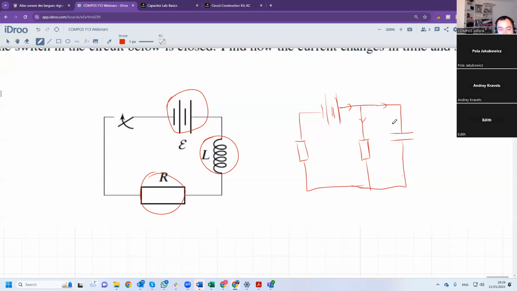And then as the capacitor charges up, as the capacitor gains charge, well, the voltage, V1 is equal to V2 always, right? So as the capacitor charges up, the voltage on the resistor increases and the current through the resistor increases.